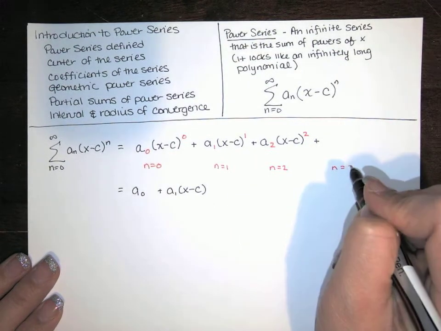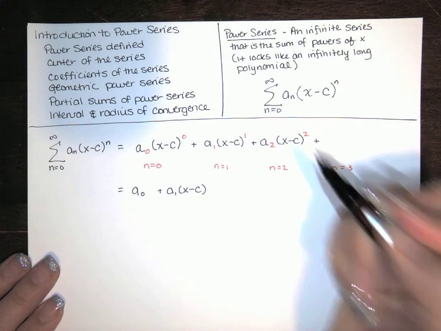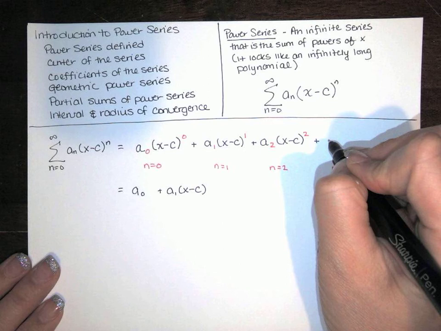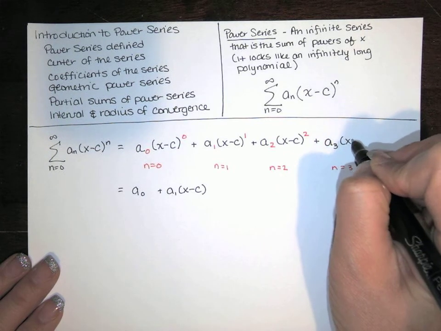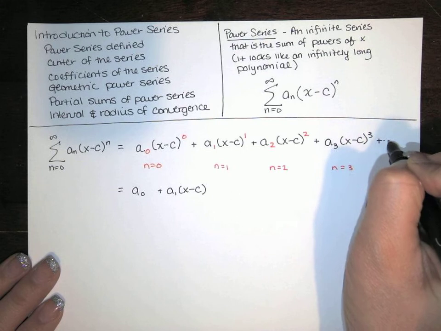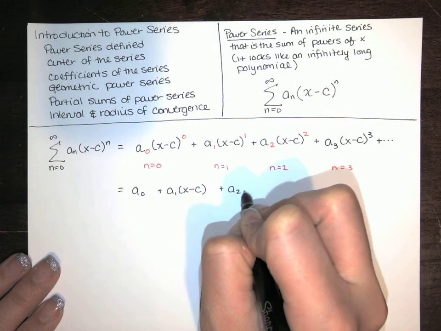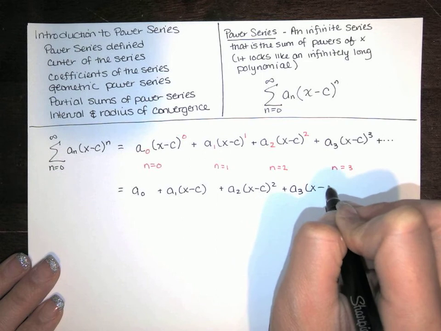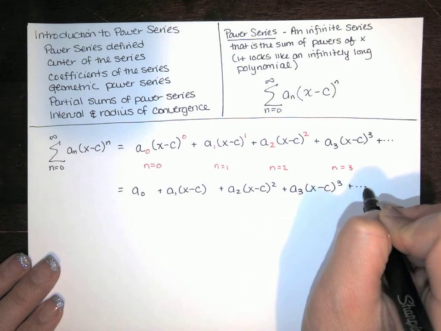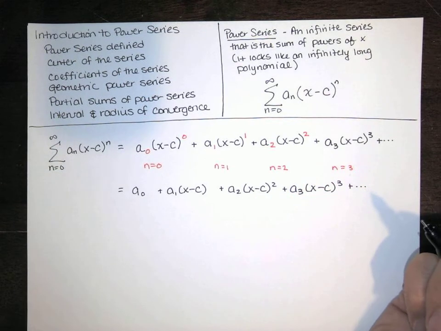When n is 3, I'll have a sub 3 times x minus c cubed. And the pattern continues. So we've got a sub 2 times x minus c squared plus a sub 3 times x minus c cubed, and so on. It goes on forever. That's a power series.